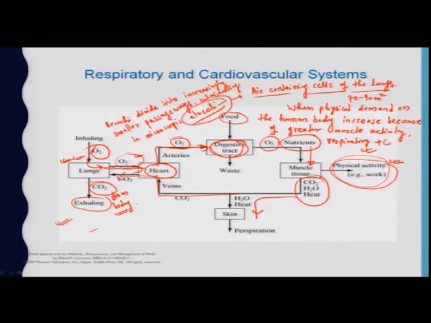When the greater physical demand is there, it gives pressure to each and every component of this coupled system. So lungs, heart, digestive tract, muscle tissues, as well as the skin, all get influenced.